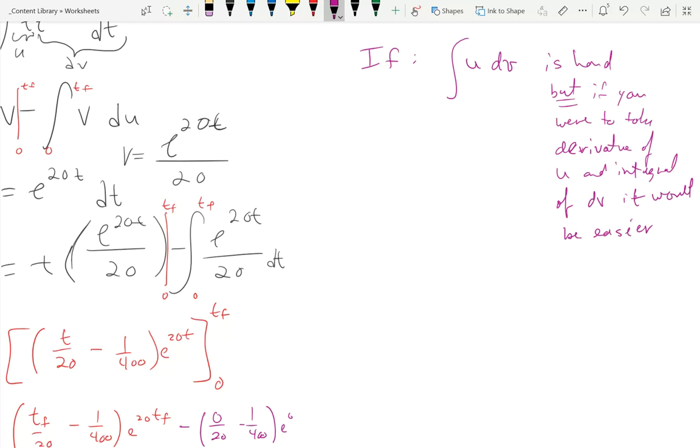And so you can derive it easily enough. I can't do it right now. I'd have to sit down and think, but I've derived it in the past. Okay, so what is the equation? The integral of u dv is equal to uv minus the integral of v du.